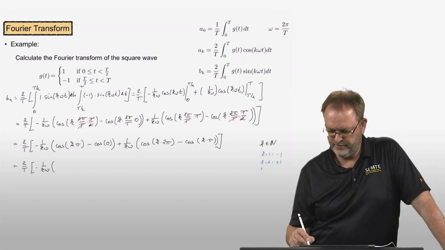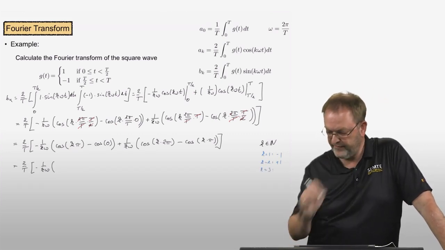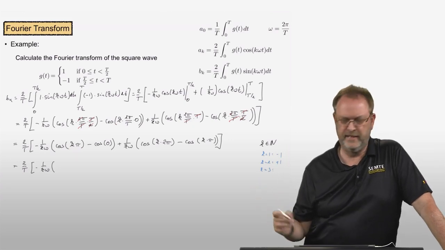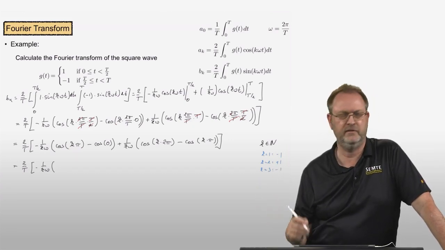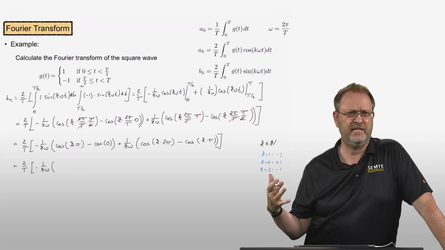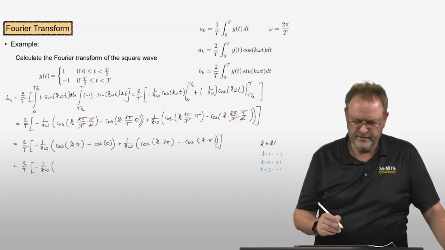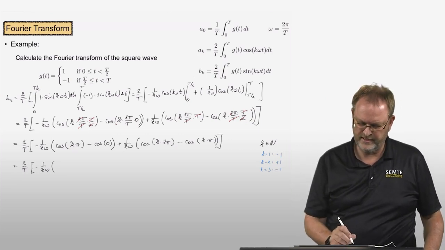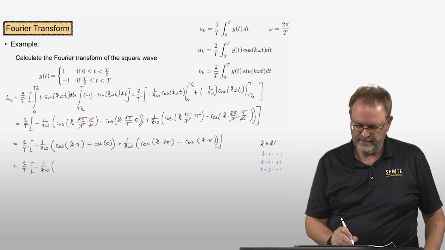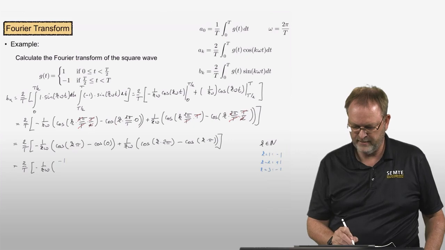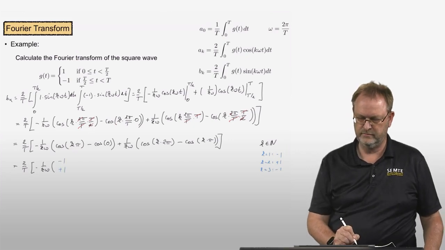If k is equal to 3, then I have the cosine of 3 pi, that's again minus 1, and then k is equal to 4. Cosine of 4 pi is plus 1. So this term alternates between minus 1 and plus 1.